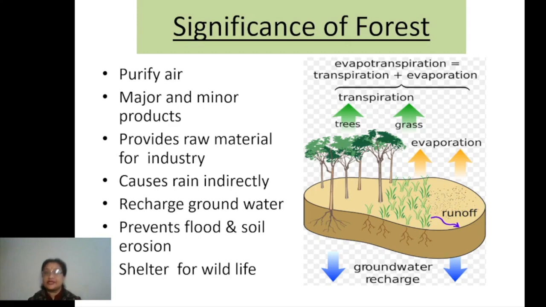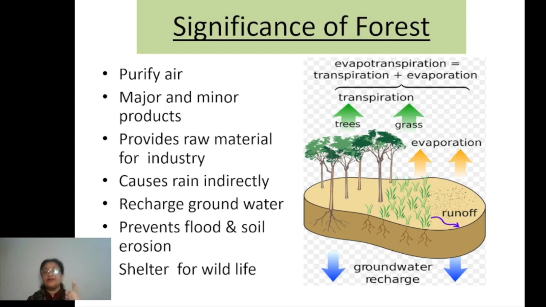Then it helps in preventing soil erosion also, right? Because when any area is full of vegetative cover, what is the use of it? The trees and plants and the grasses, their roots hold the soil together, and they don't allow the soil to become loose and go along with the water or with the wind.